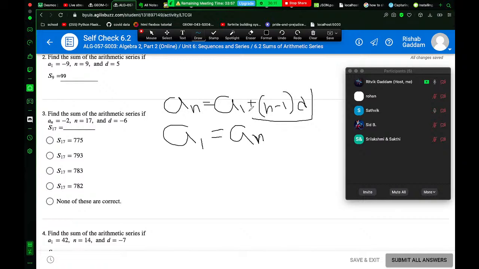So basically you just solve for a1. Good job, Satvik. So n minus 1 times d. With this you got 97, or what did you get? 94? 94. Okay.